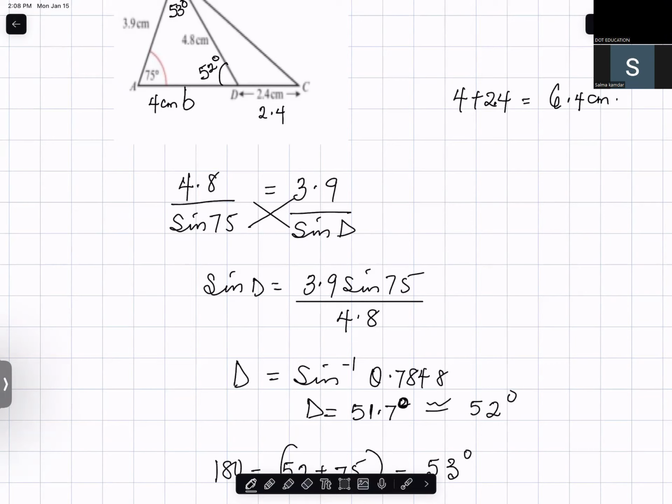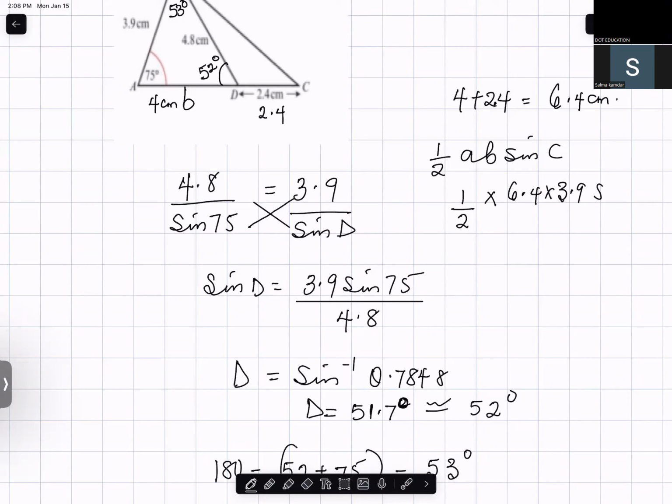We can look for the area of the triangle. So we are having half AB sine C. That is half times 6.4 multiplied by 3.9.